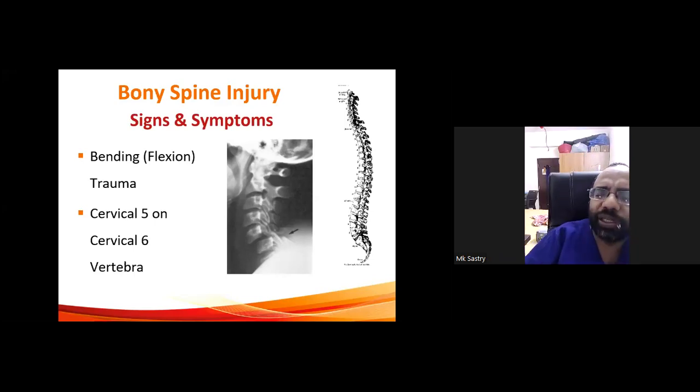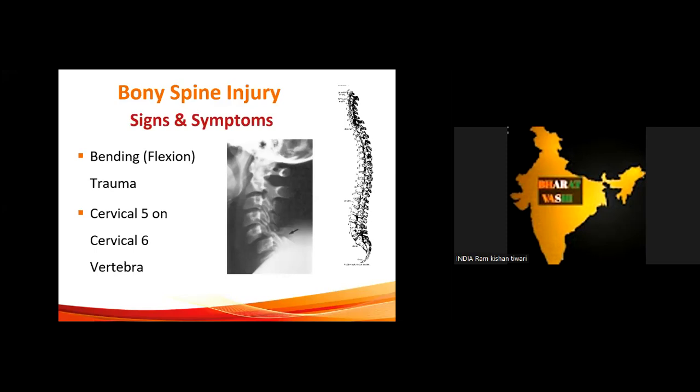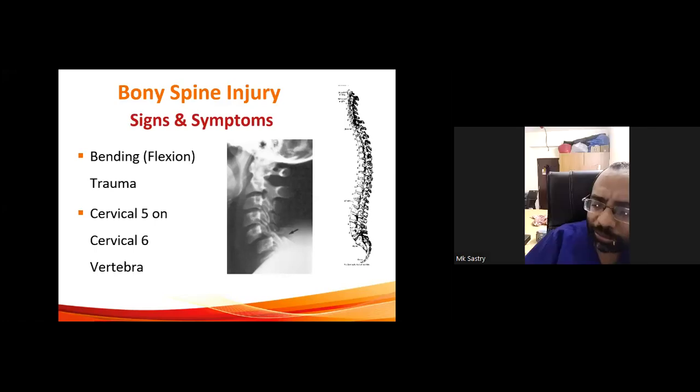C4, C5, and C6, because they are used for bending the neck. So cervical slip disc happens in which area? C4, C5, C6. Am I clear? Yes, sir.